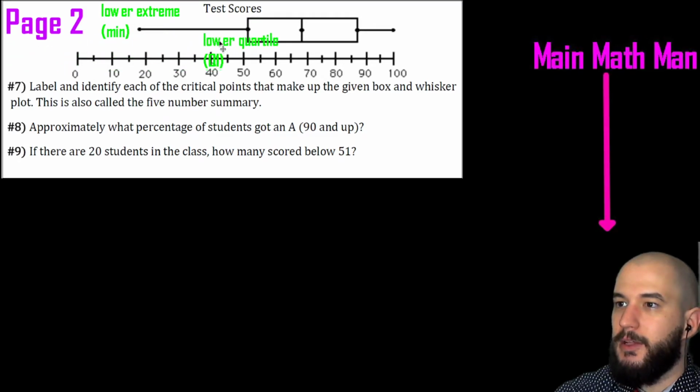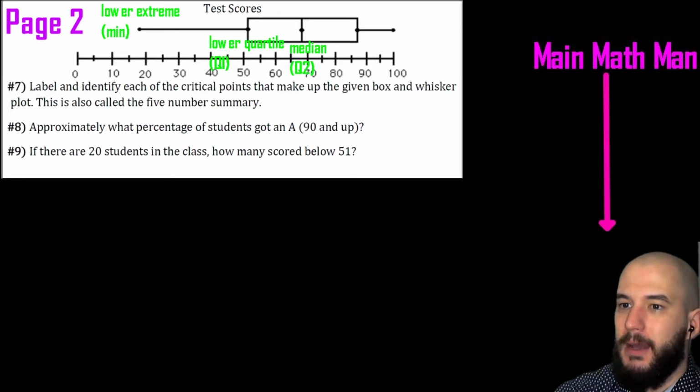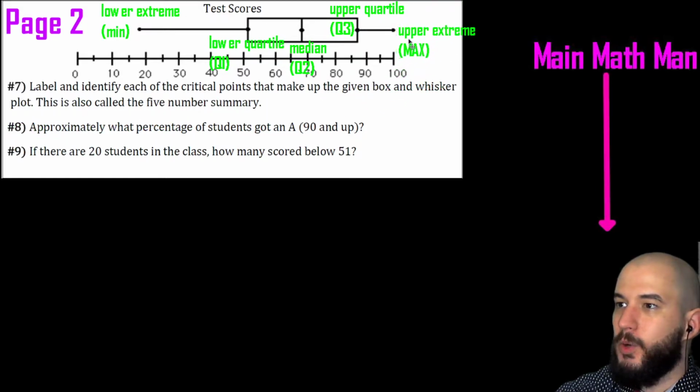I have my lower quartile, which is Q1. I have my median, which is Q2. I have my upper quartile, which is Q3, and we have our max, or the upper extreme, on the far right. So what are those values going to be?